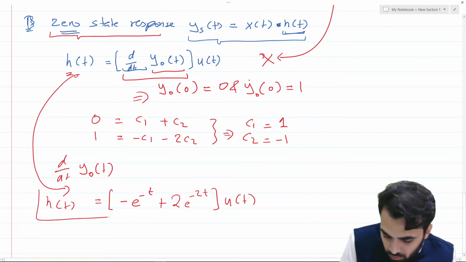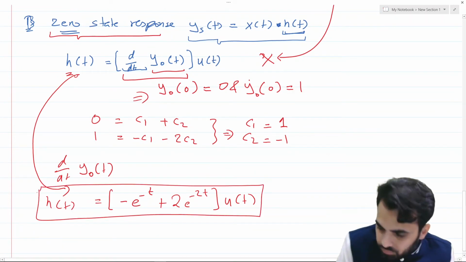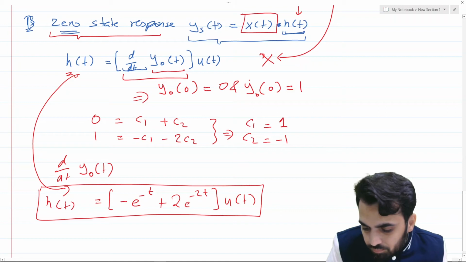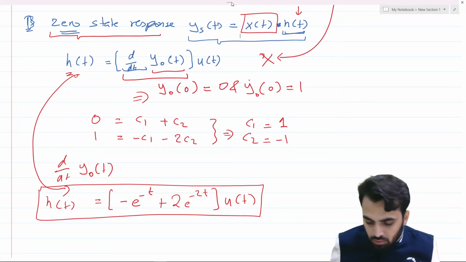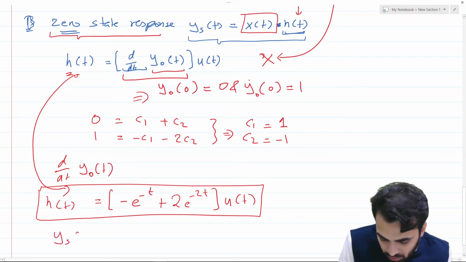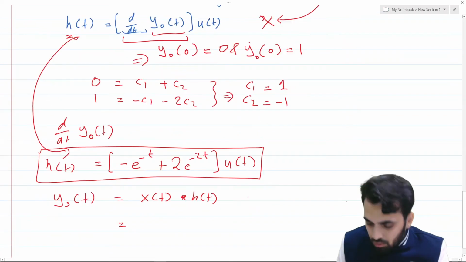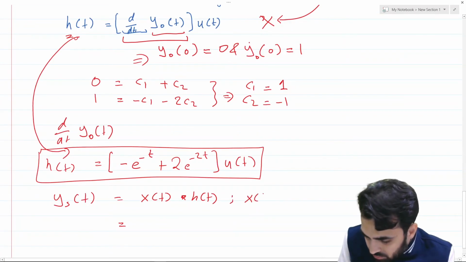So hence we have found the impulse response, and next we are going to convolve it with the input x of t. So hence we have ys of t, which is equivalent to x of t convolved with h of t. So note that x of t is equal to 10e minus 3t u of t.